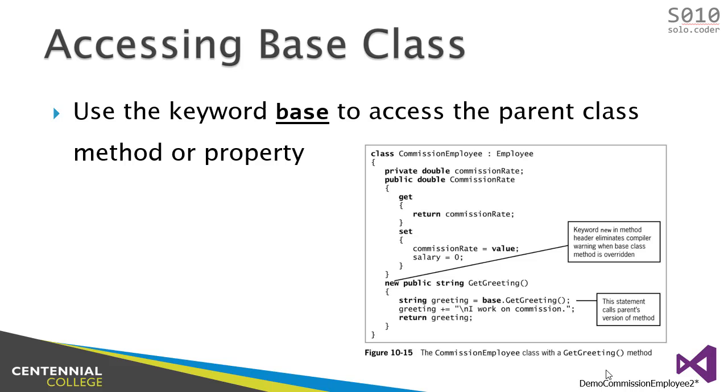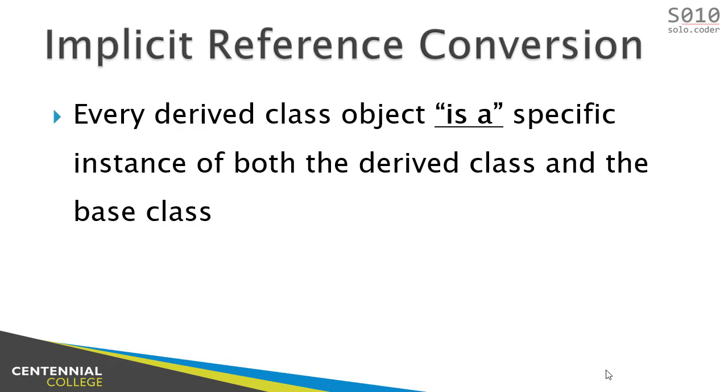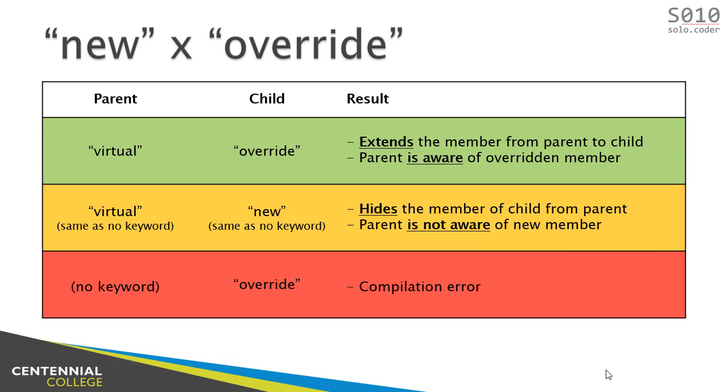Anyone remembers what virtual in the parents means? If we have the virtual keyword in the parents method or in the parents properties, it means that, hey, the children can safely override them. It's almost like an invitation for the children to override those methods, okay?